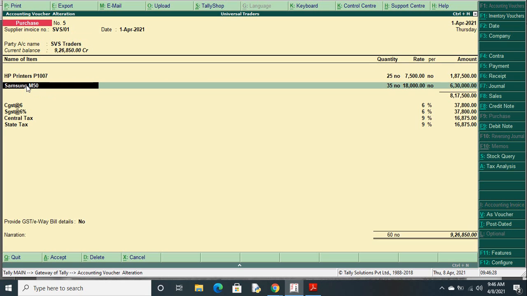So I am dealing with two different items, that's why I removed this common ledger. If I say common ledger, what does it mean? These two belong to 18%. Is it right? No, this is 18% and this is 12%. These two are not having a common percentage.